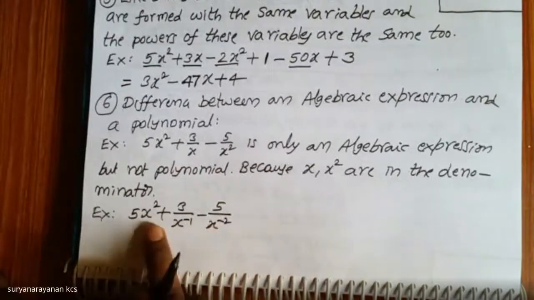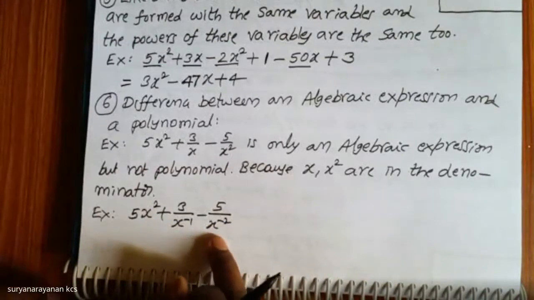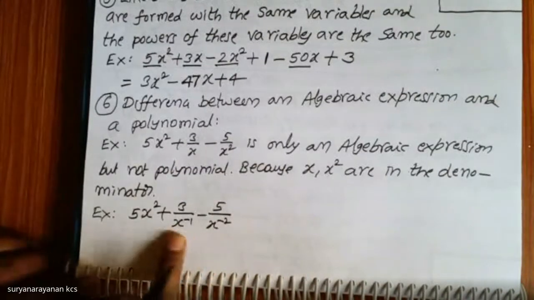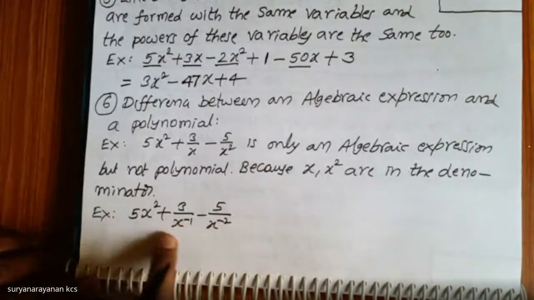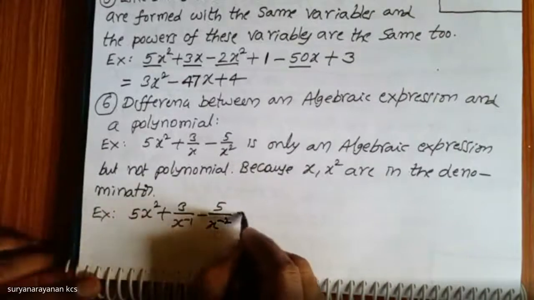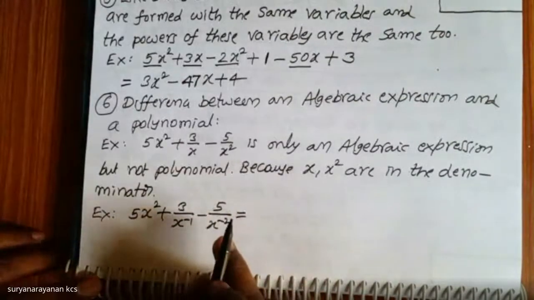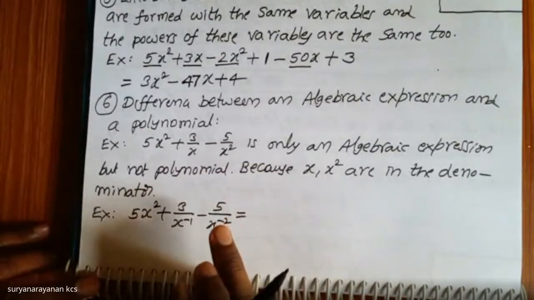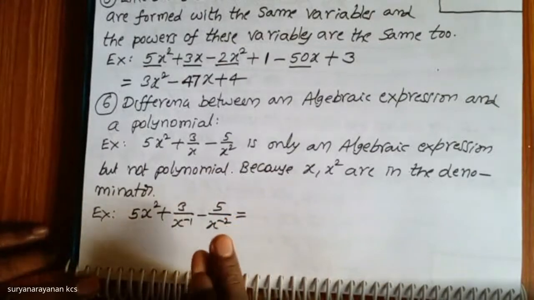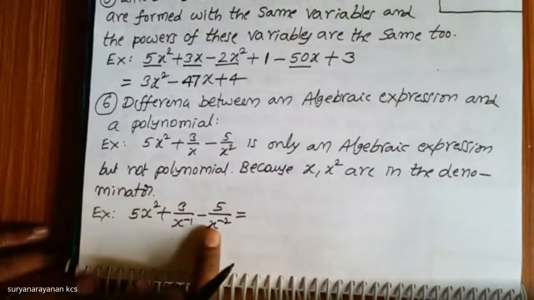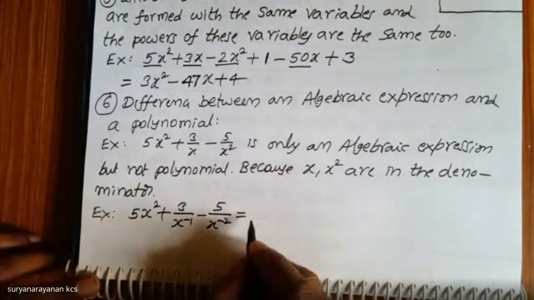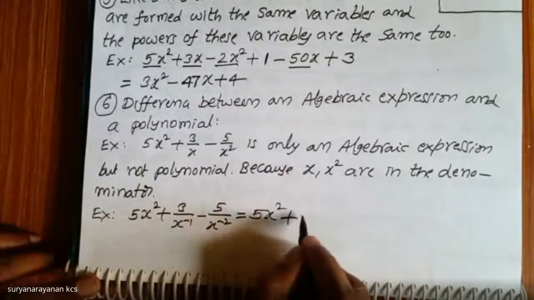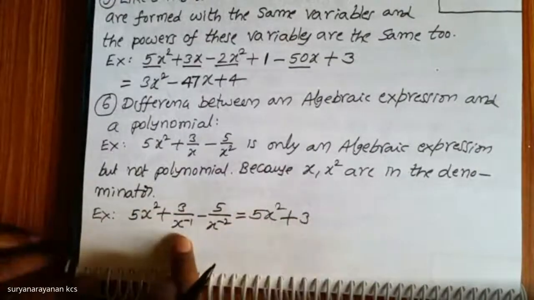If you observe this mathematical sentence, first of all, we have to simplify these terms. We don't come to a conclusion directly without simplifying the terms. 5x square plus 1 by x power minus 1.